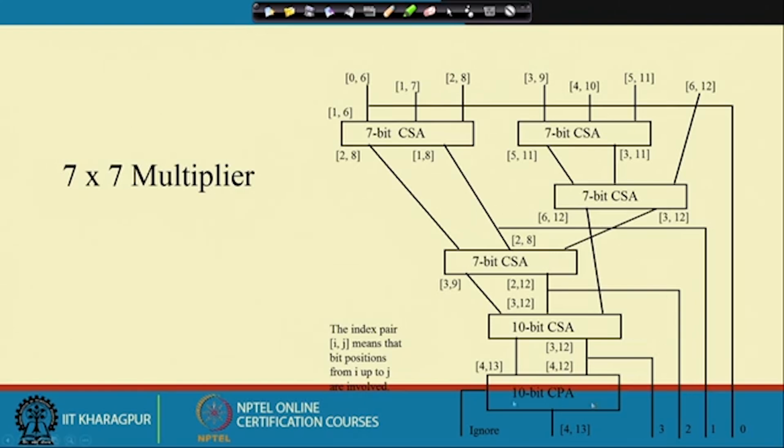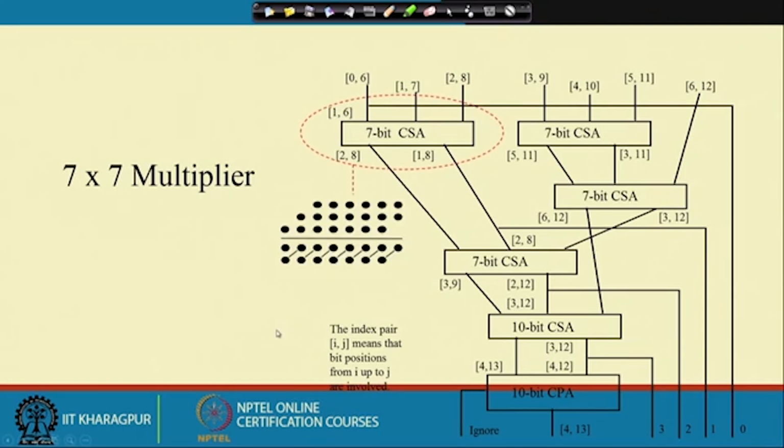At the very final level I have to use this carry propagate adder to find out the final results. And this is nothing but, whatever we have seen in the previous example, the block level representation of that.